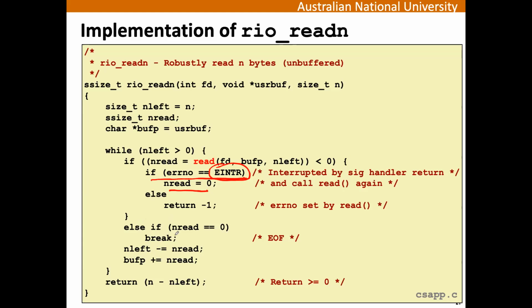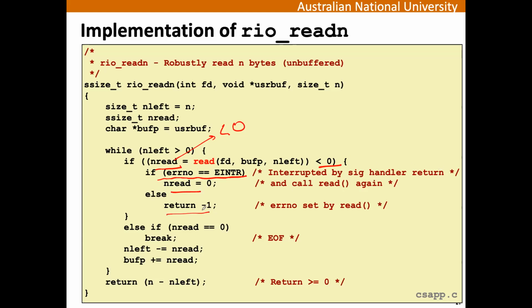So if there's an error, if nread is less than 0, which means there is some kind of an error: if it's an interruption by a signal handler, you set nread to 0.